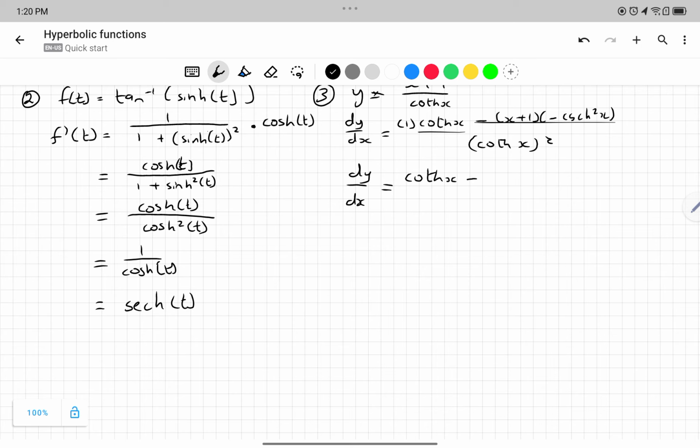Right, and then we have plus x cosecant squared x, hyperbolic cosecant squared, over hyperbolic cot squared x, in fraction form.